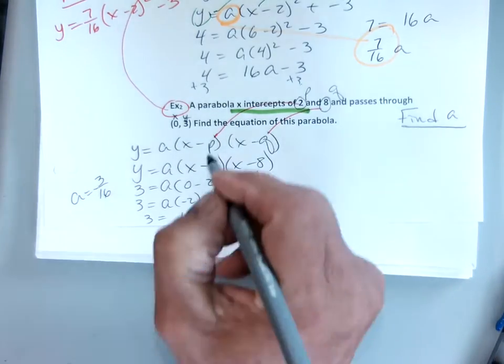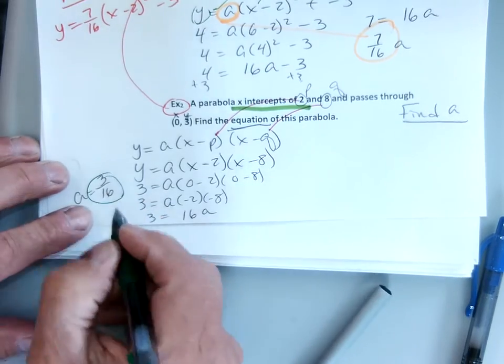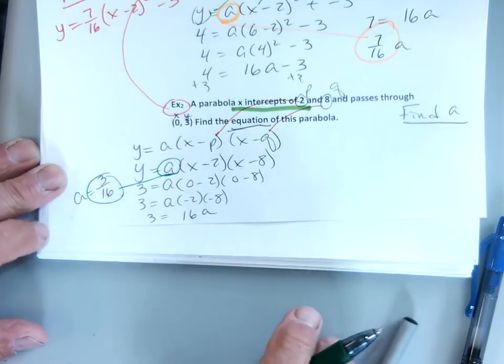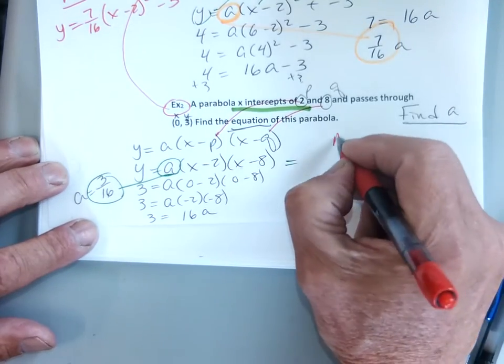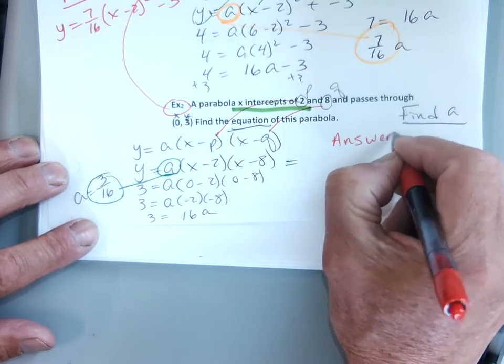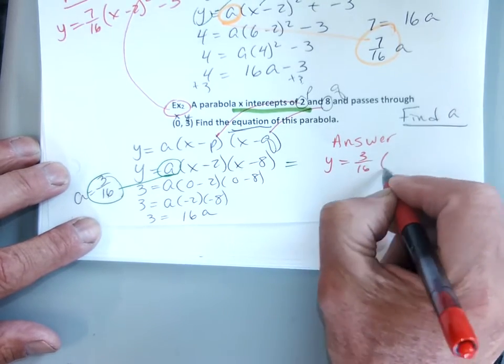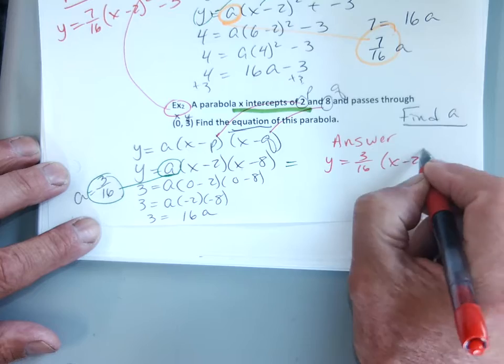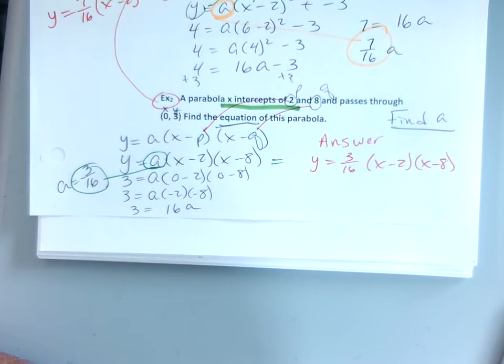Okay, now we need the equation, right? So if I take my 3/16 and put it right there, I'll have my answer. So my answer, yeah, y equals 3/16 times my x minus 2 times my x minus 8, okay?